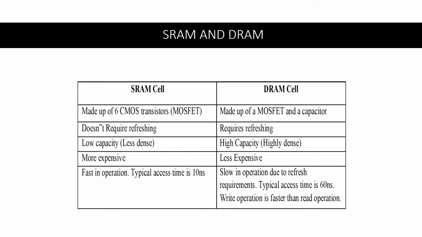Next, SRAM is fast in operation and can send data within 10 nanoseconds. But DRAM is slow in operation. Why? Because we need to refresh, and it takes 60 nanoseconds.